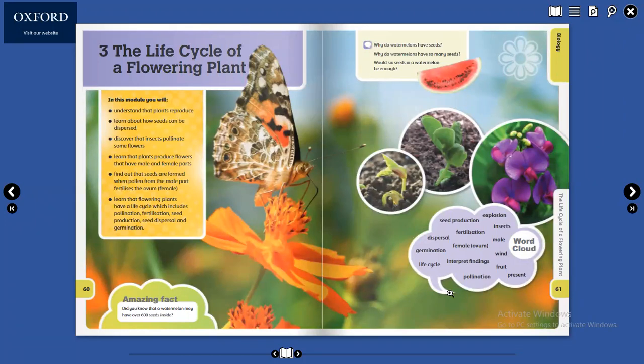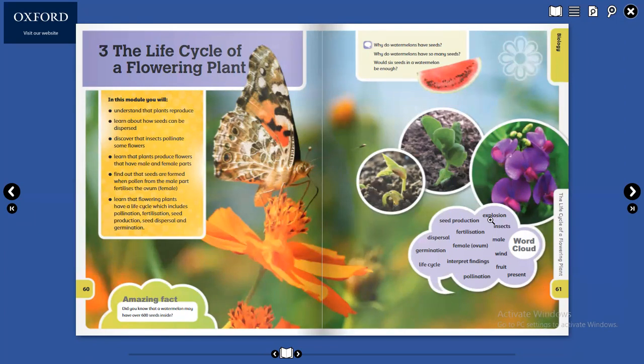Read the words and then write the words in your notebook, okay? Word cloud. Explosion. Seed production. Insects. Fertilization. Dispersal. Very good. Male.